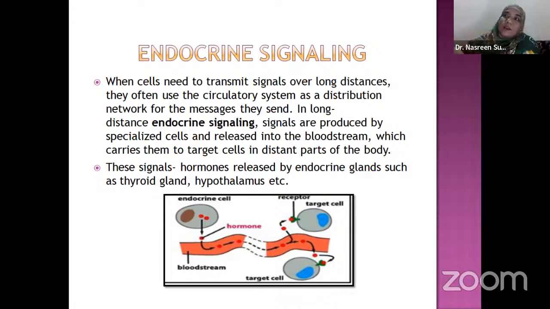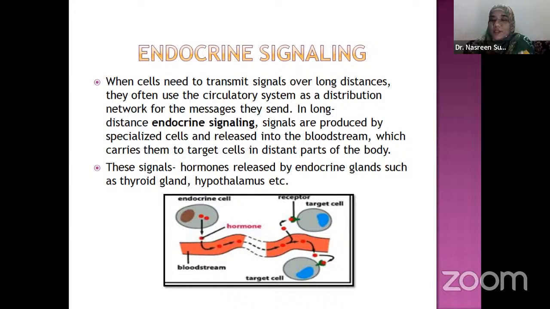When it reaches the other end, the person sitting far away will take and read the message. In the same way, in endocrine signaling, our glands release hormones in the blood. Blood carries the hormones, and wherever they are required, they act on that particular organ.